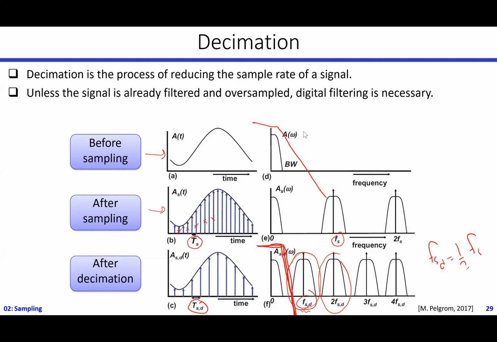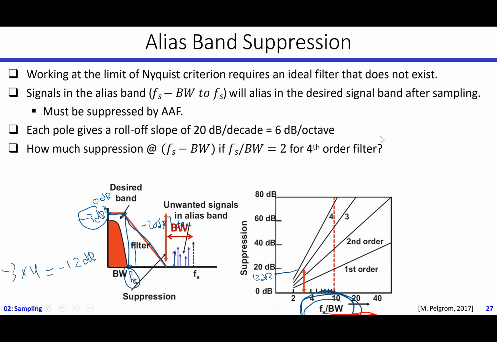Okay, why are we using this one here? You basically want to get rid of anything in this band, from fs minus bandwidth until fs. So anything in this area we want to remove.